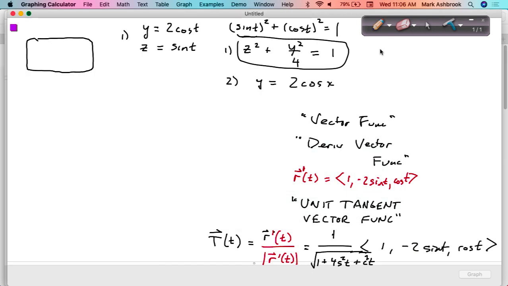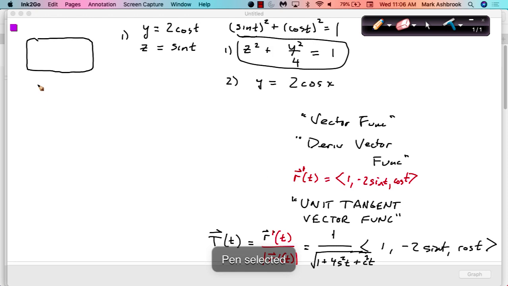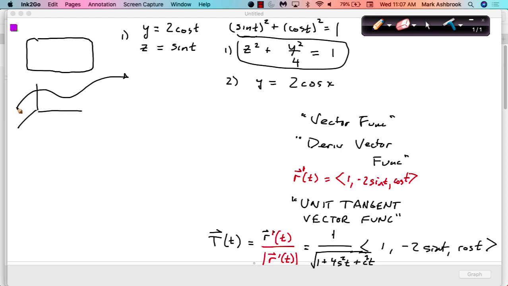Suppose I have a space curve, just generic. This is, say, r of t.